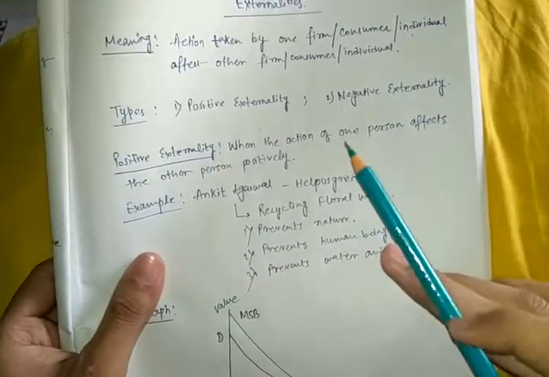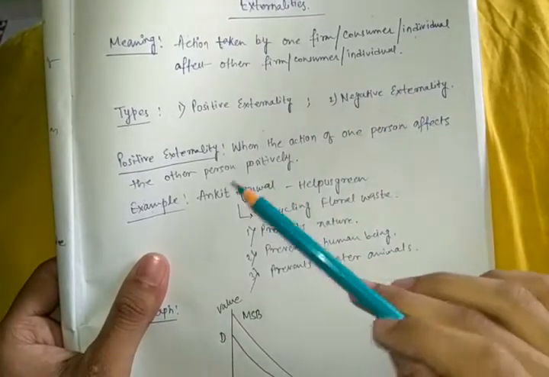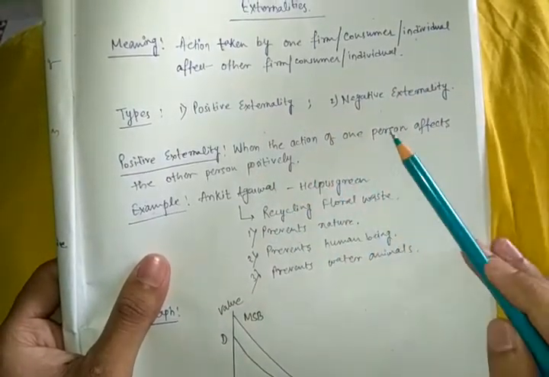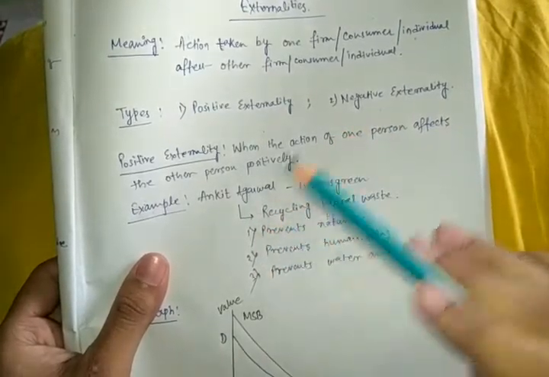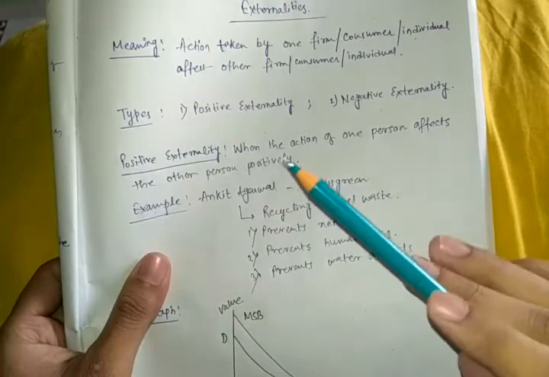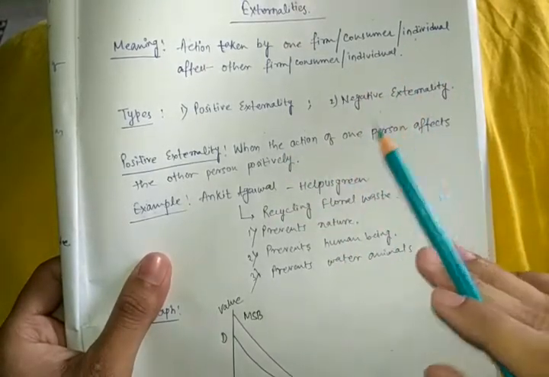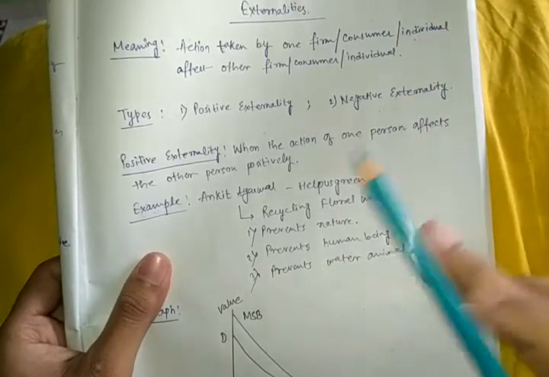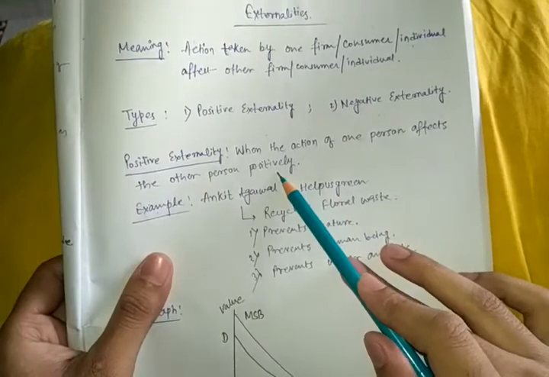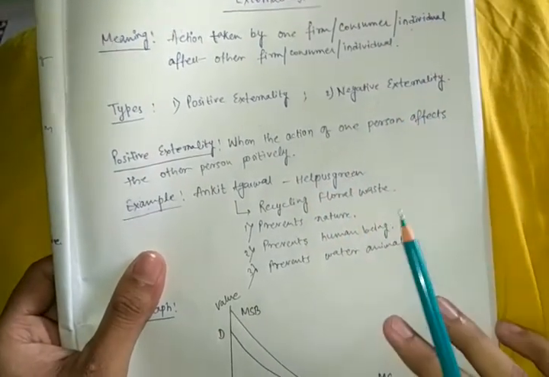What do we mean by positive externality? Whenever the action of one firm, factory, consumer, or producer affects another person, firm, or individual, directly or indirectly, in a positive manner, we term it a positive externality.